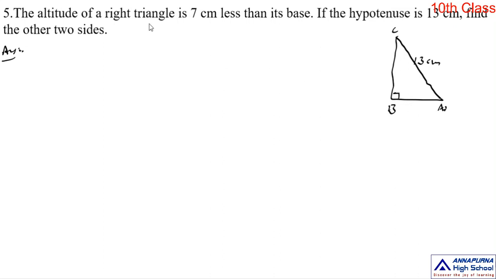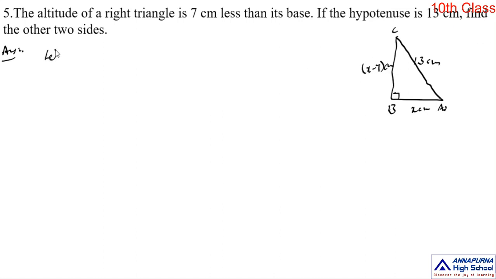Okay, so the altitude of a right angle triangle is 7 centimeters less than its base. So if you are taking AB as the base, then BC is the altitude, and this altitude is 7 centimeters less than its base. So if the base is x centimeters, then altitude is x minus 7 centimeters.